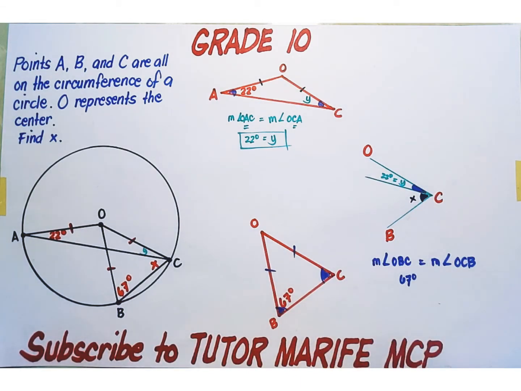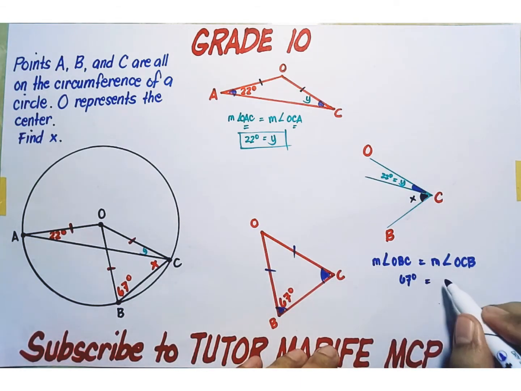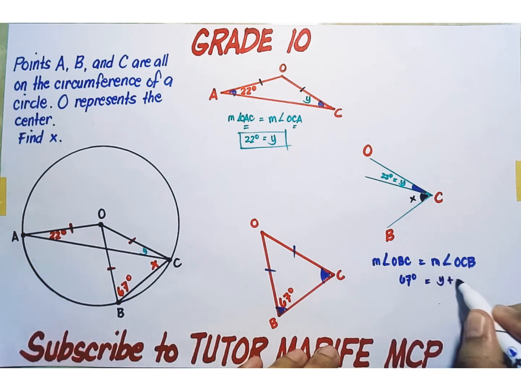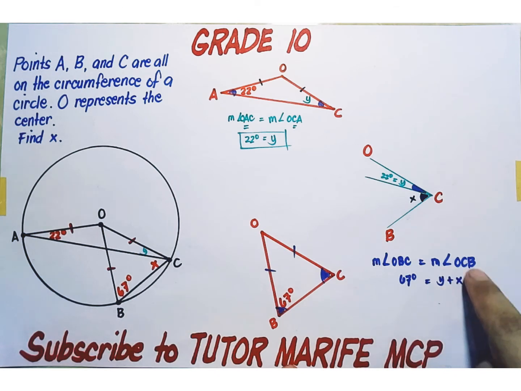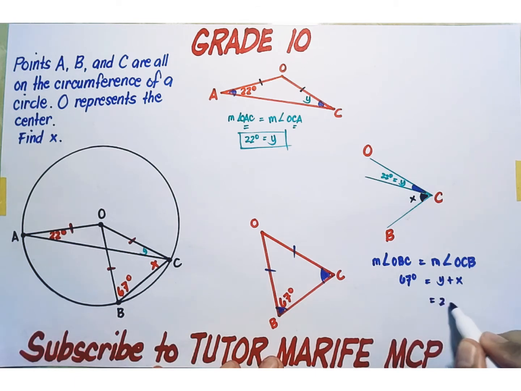We can replace the right side of our equation with Y plus X. This is application of the angle addition postulate. Okay? We already know the value of Y. It's equal to 22 degrees.